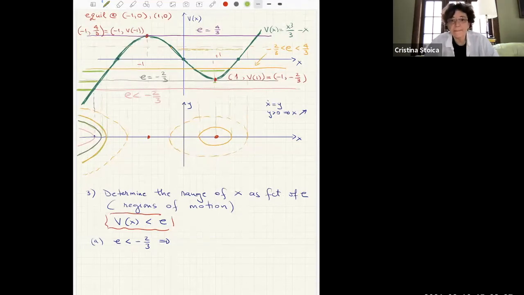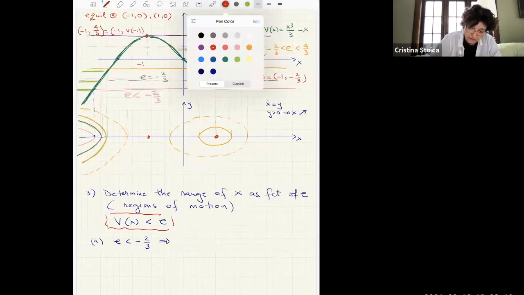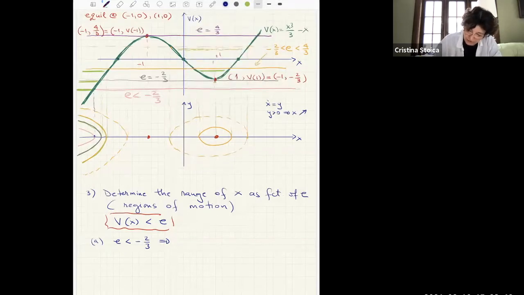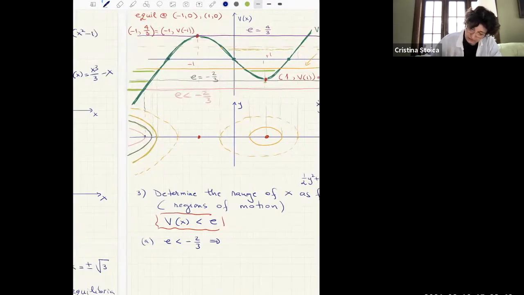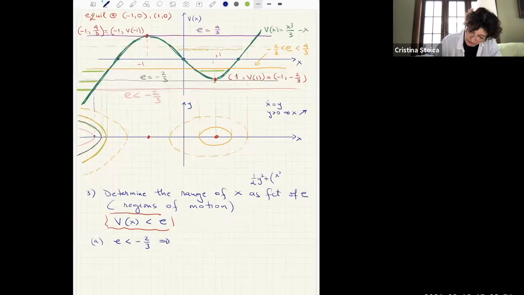Right? Okay, so you see how the trajectory, of course, a different way to do this is to really plot the curves in the XY plane, because what we're getting here are the curves corresponding to the levels of energy. What we're plotting down here is nothing else but 1/2 y² plus, what was the potential? x³/3 minus x equals E for different E's.